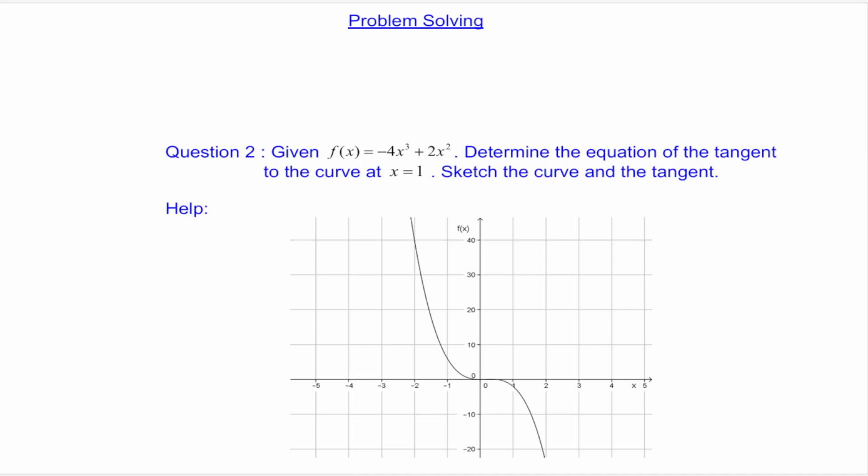As a small exercise and a summary, let's have a look at question number 2. There we have a given function f, and our task is to determine the equation of the tangent to the curve at x equals 1. Afterwards, we should sketch the curve and the tangent.